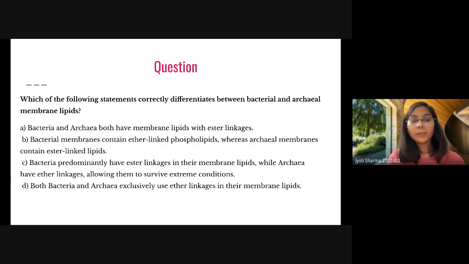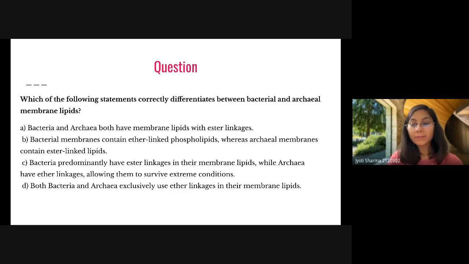Okay, then we have another question based on bacterial and archaeal membrane lipid. Which of the following statements correctly differentiates between bacterial and archaeal membrane lipid? The four options are: A, bacteria and archaea both have membrane lipid with ester linkage. B, bacterial membrane contains ether-linked phospholipid, whereas archaeal membrane contains ester-linked lipid.